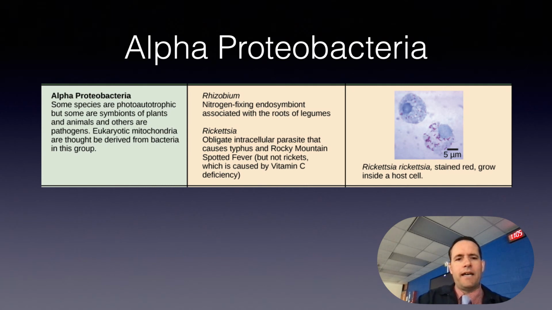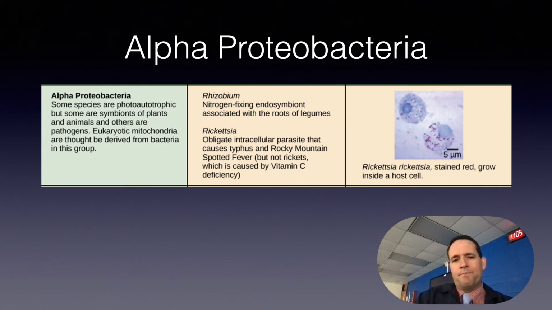So here we have alpha Proteobacteria, and you can read along too here or pause the video. An example of this is the Rhizobium, which is a nitrogen-fixing endosymbiont associated with the roots of legumes. So there's actually bacteria that live on the roots of, say, soybeans, for example, and they're symbiotic. The plants need the bacteria, and the bacteria need the plants.